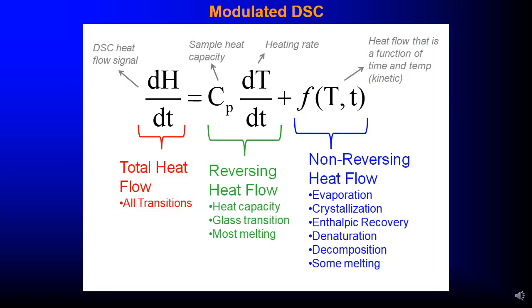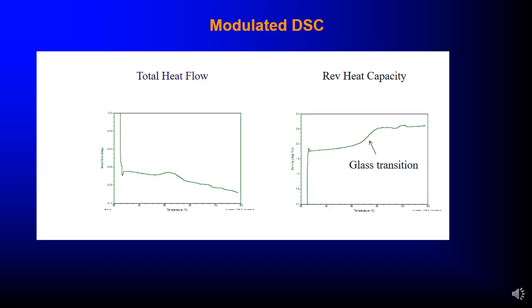So this is generally how the modulation occurs. This is the formula, and so that is it. Then total heat flow you can see here, and reverse heat capacity for glass transition.